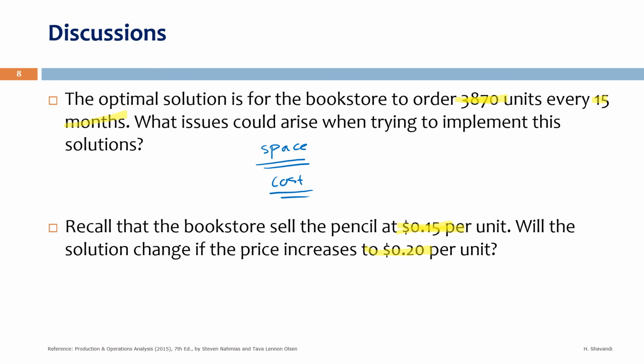The answer here is no. As long as the lambda and the c remain constant with no change, there will be no change in our optimal order quantity. But if increasing the price of the pencil has an impact on the demand rate, if it reduces the demand rate and the lambda changes, then yes, it will impact our optimal order quantity.